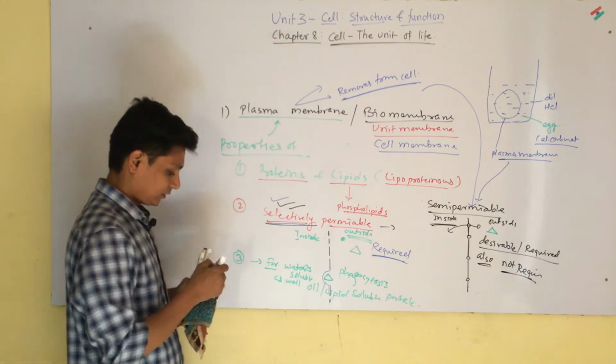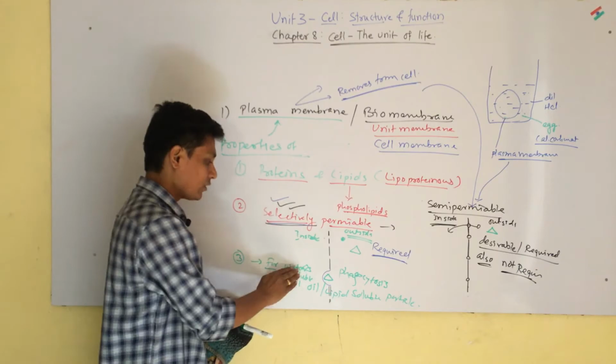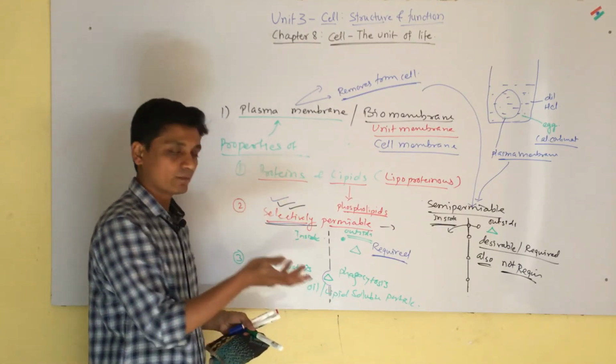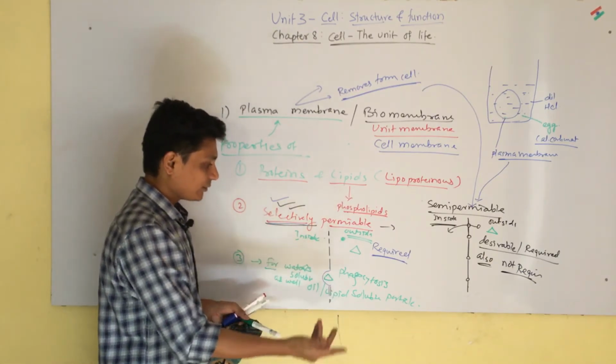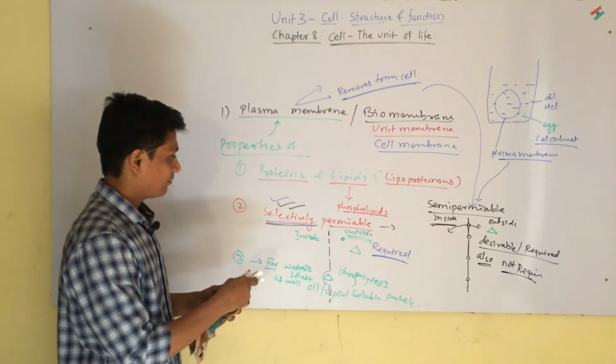This is the third property. As it is selectively permeable, the material which is water soluble as well as some materials which are oil soluble or lipid soluble can be permeated by this plasma membrane.